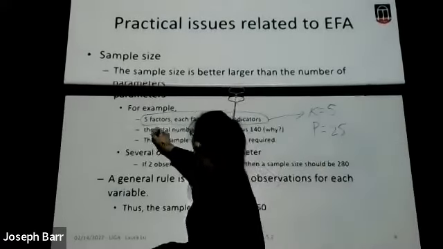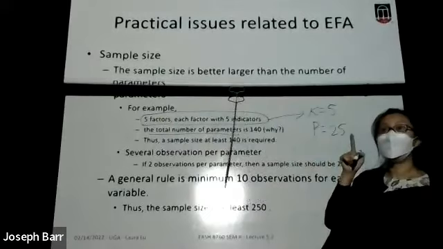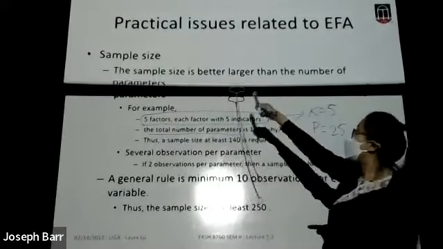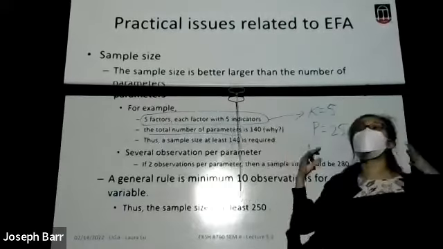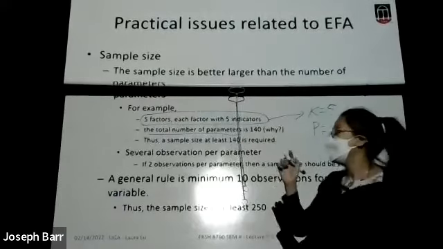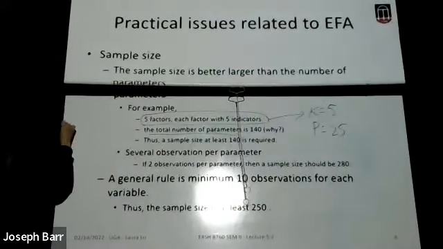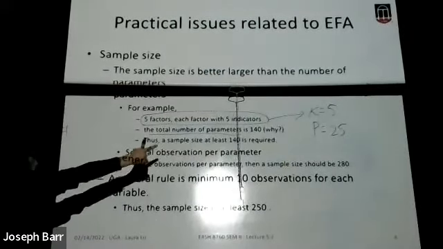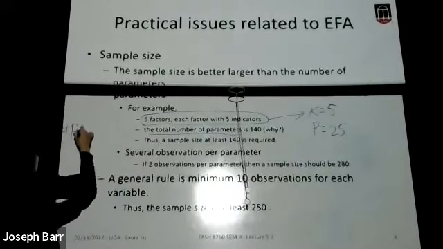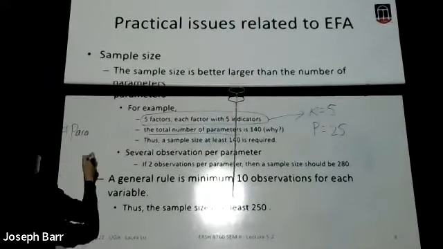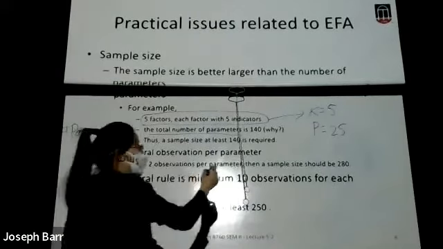Now, what's the total number of parameters? We have a formula. The sample size should be larger than the number of parameters. What is the number of parameters?